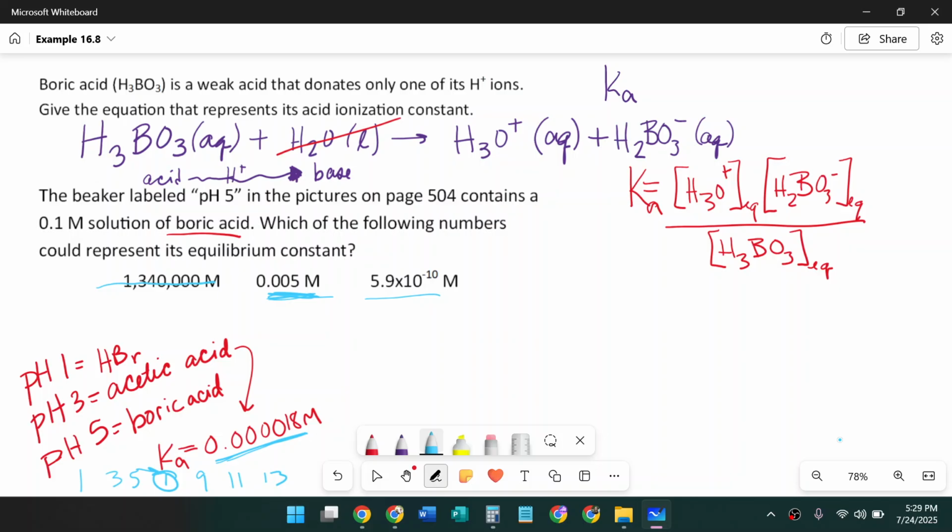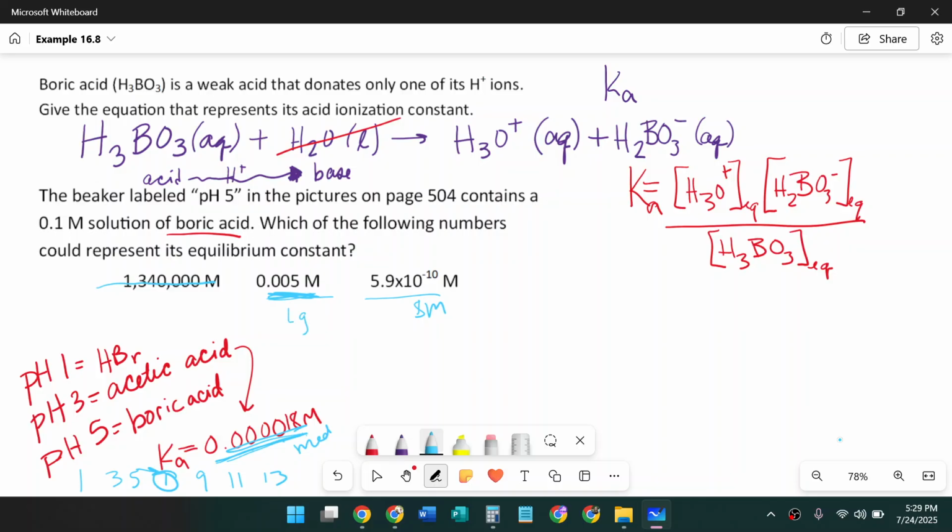This one is 18 thousandths. Okay, this one's like 18 millionths or something like that. If we put them in order from smallest to largest, this one would be smallest, this one would be medium, this one would be the largest number.